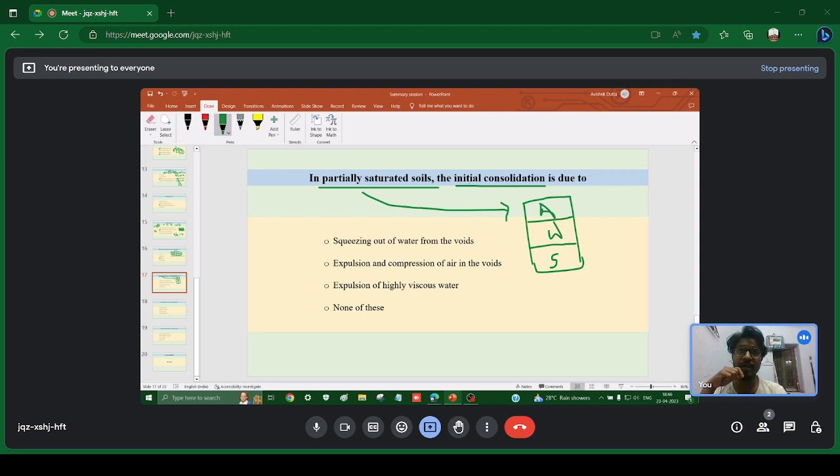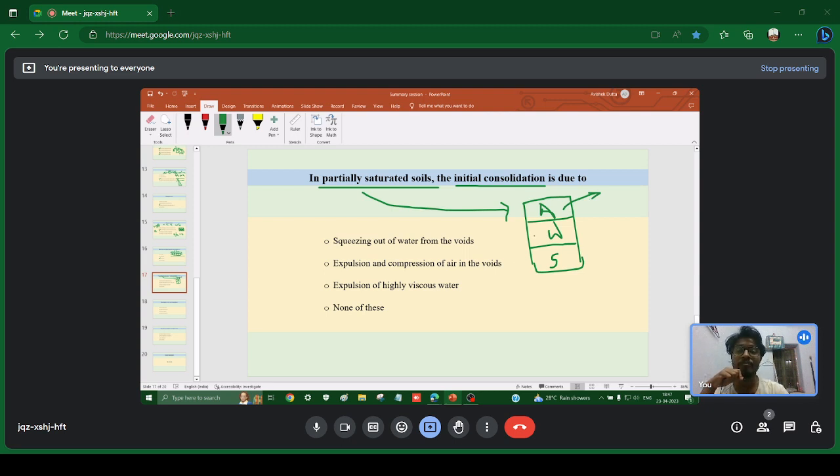In consolidation, we apply a load and gradually the water seeps out. The initial phase, when the water is starting to seep out, in partially saturated soil, does the water seep out initially? The answer is no. It is because air is also present in the voids. So, on application of the load, initially, the first thing that will happen will be the air will come out of the voids and compress the soil mass.